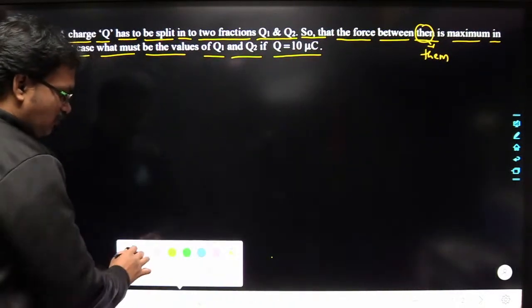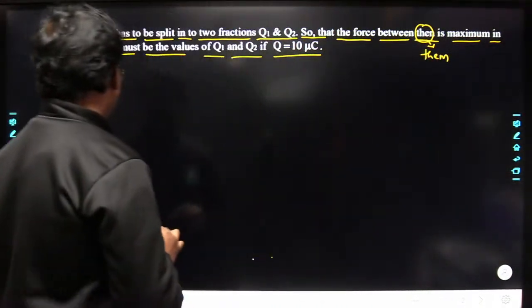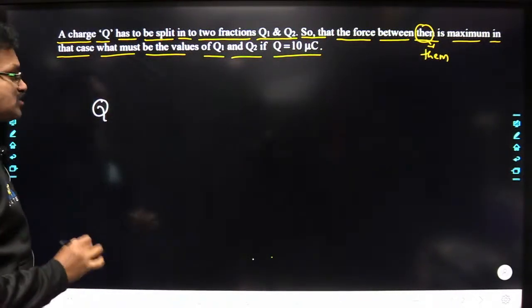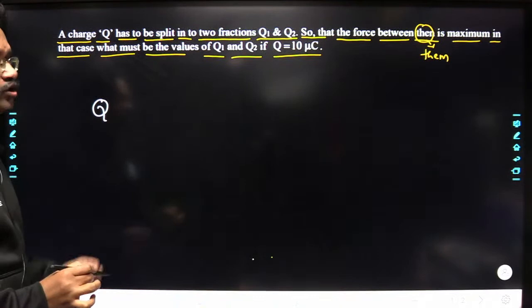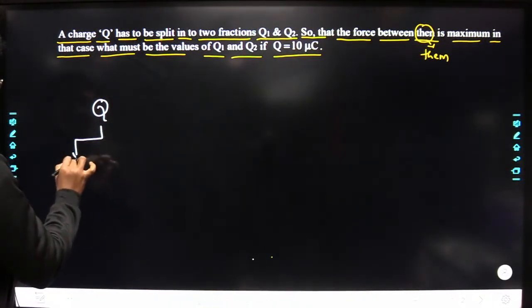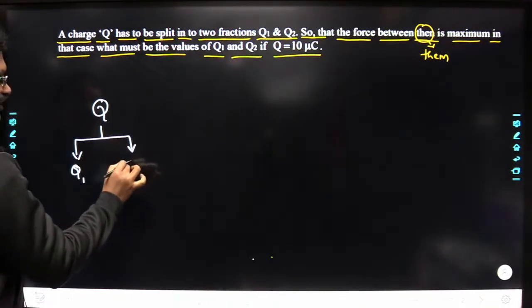So what they are asking here is, you have a charge Q. This charge Q is split into two fractions. One fraction I am considering as Q1, and another fraction I am considering as Q2.